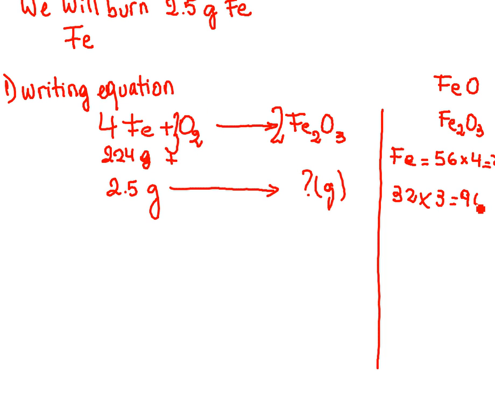Is 96 then, yes? 96 grams of this one, and that is going to give me iron 2 oxygen 3, which is 56 times 2, 112, plus 16 times 3 is 48. That is going to be 160. That's the molar mass of the Fe2O3. But we have 2 times that. Yes? So it's going to be 320 grams.